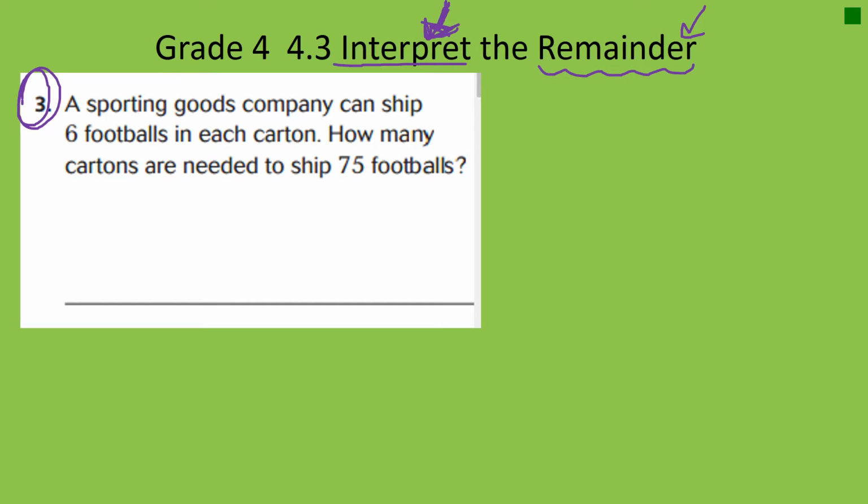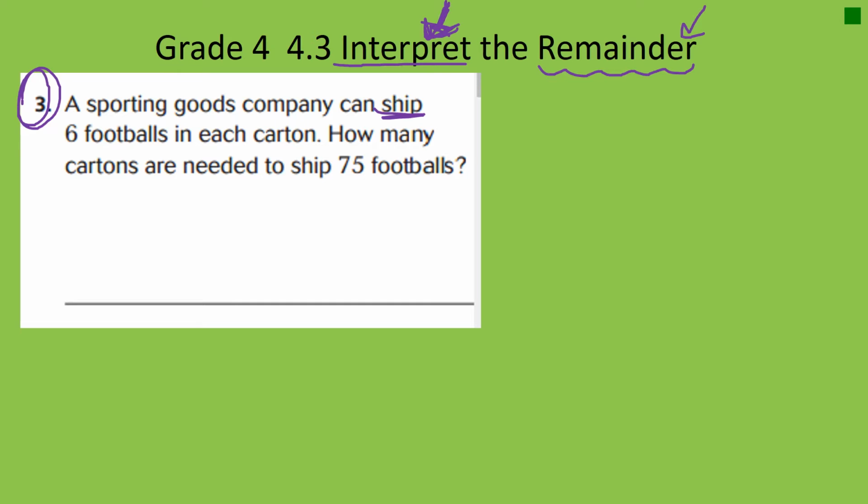A sporting goods company can ship 6 footballs in each carton. How many cartons are needed to ship 75 footballs? Okay. Going back, sporting goods company can ship. That means they can send it in the mail. Okay?